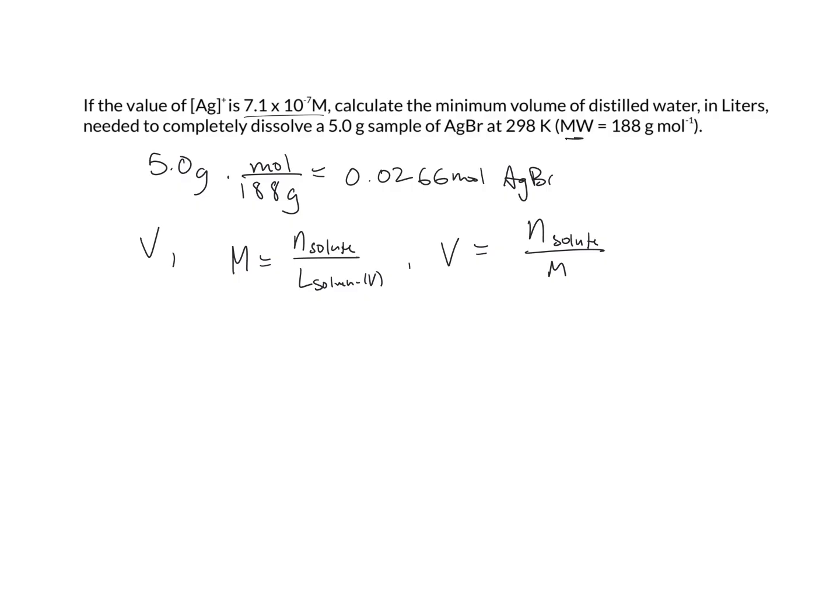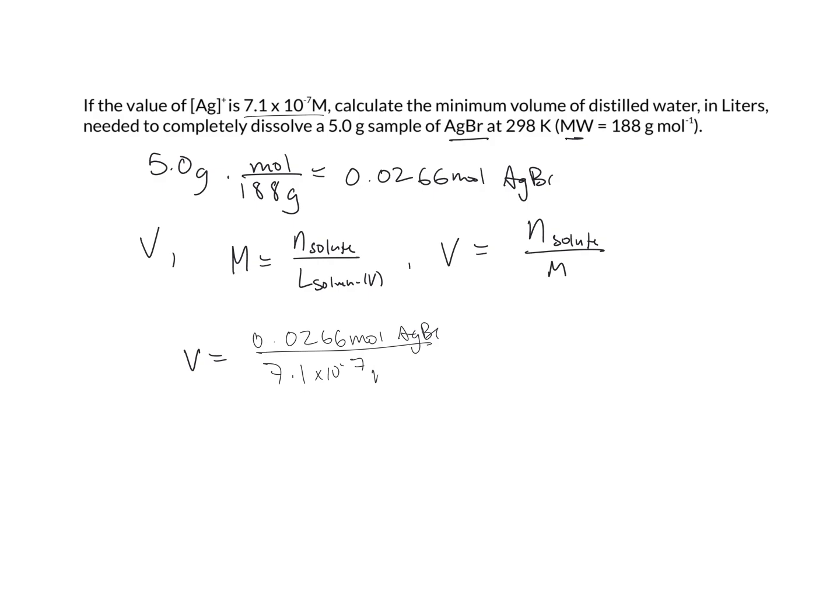So for the minimum volume of distilled water to dissolve my AgBr sample to get silver ions, V is equal to our number of moles of solute, which is 0.0266 moles AgBr, divided by the molarity, which is 7.1 times 10 to the minus 7.